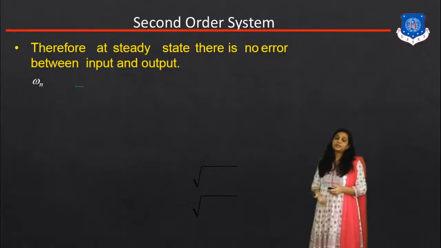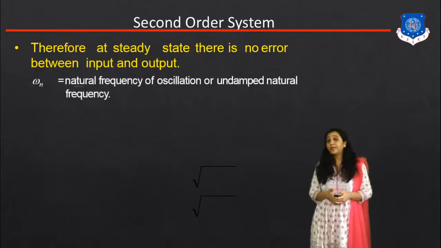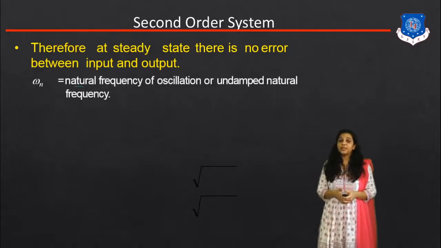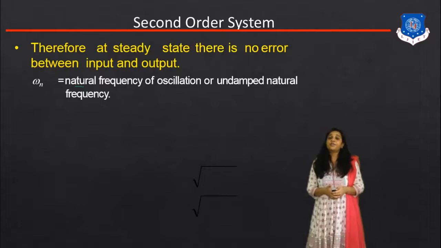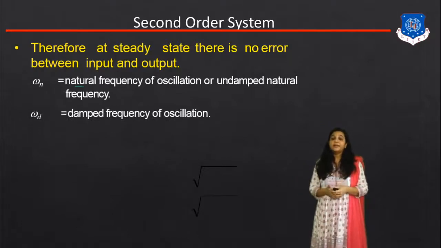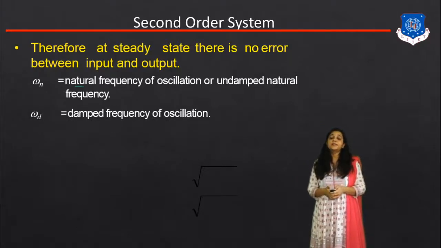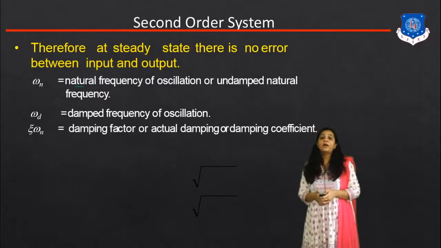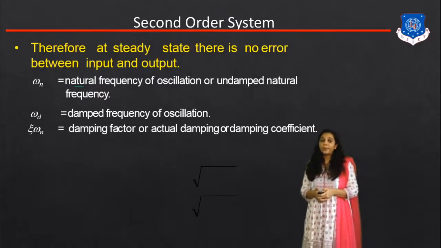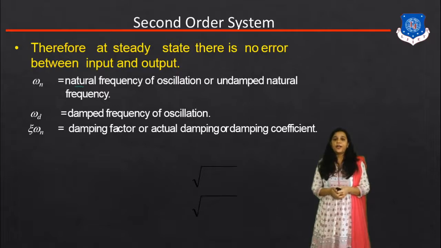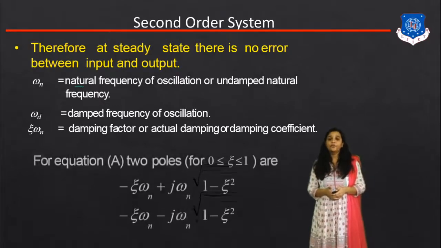As we discussed earlier, omega n is the natural frequency of oscillation or undamped natural frequency. Omega d is the damped frequency of oscillation, and zeta omega n is the damping factor, or the actual damping, or the damping coefficient.